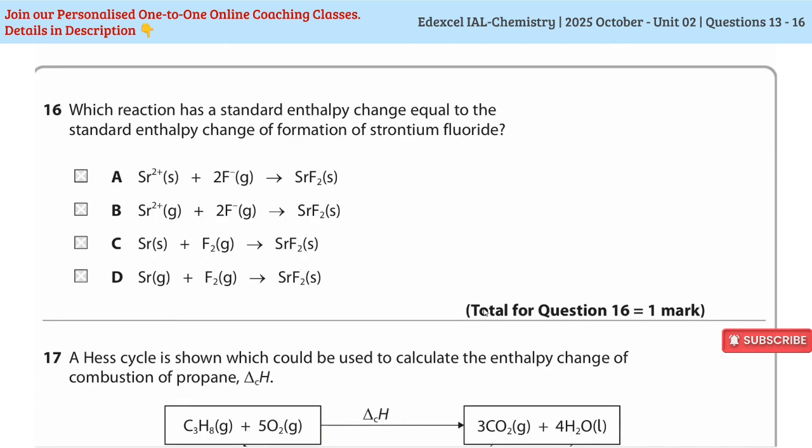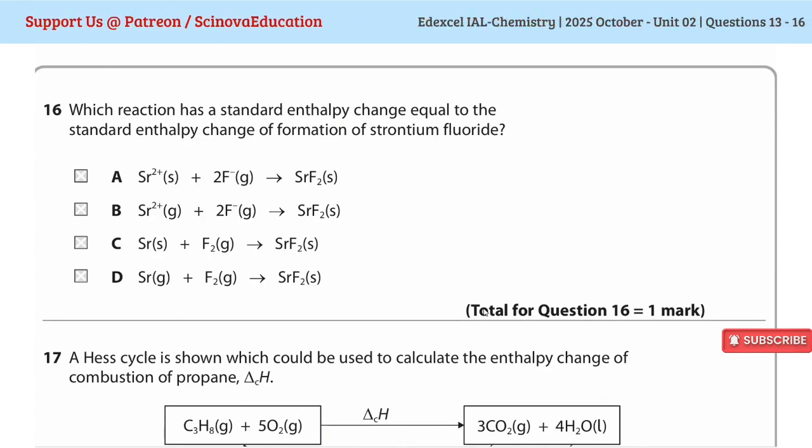The standard enthalpy of formation involves the energy transferred during the formation of 1 mole of a substance, using the appropriate amounts of all its component elements in their most stable physical state.